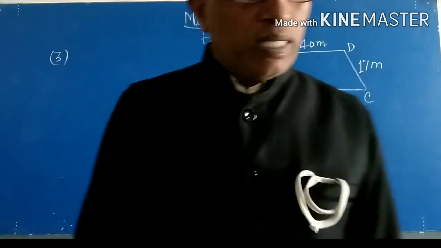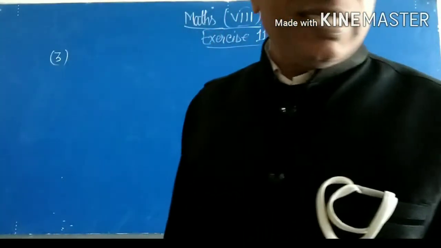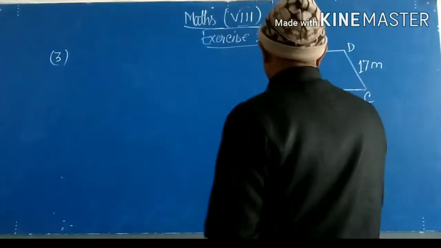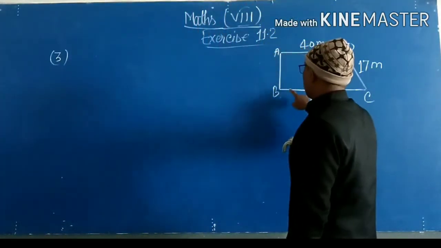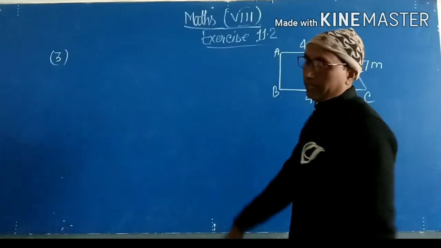Then you find out the area of the trapezium in which AB is perpendicular distance between these two parallel sides.